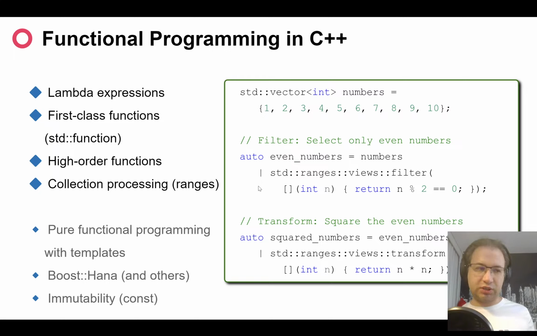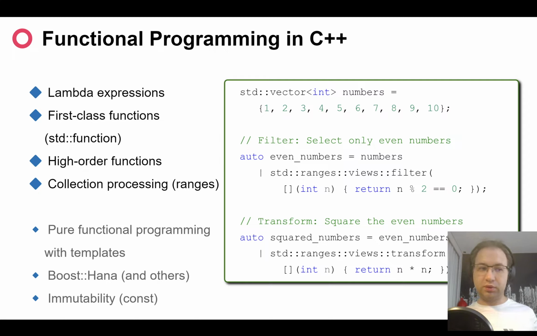Essentially, ranges serve the same purpose as LINQ in C# does, and the Streams API in Java does. And ranges, like you see here, are inspired by Haskell. Many combinators have the same name and the same structure.